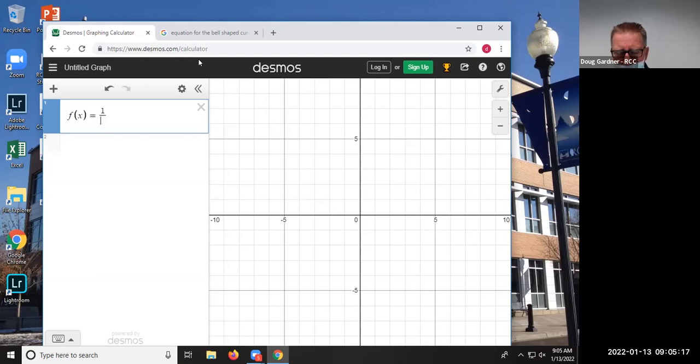Again, you don't need to know this, but I just think it's neat. It was 1 divided by the square root of 2 pi, and then it was e raised to the, I think it was 1/2 x squared. Was that it?